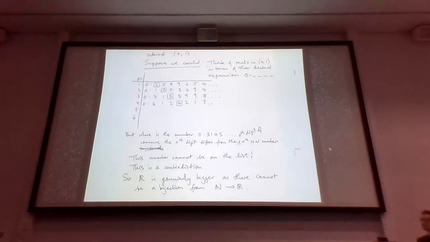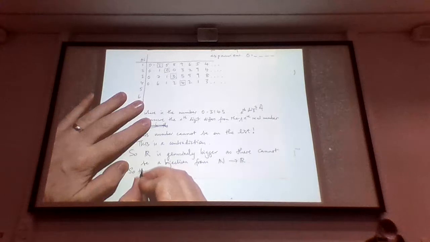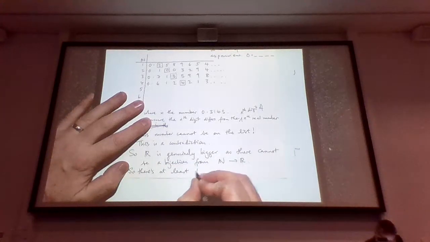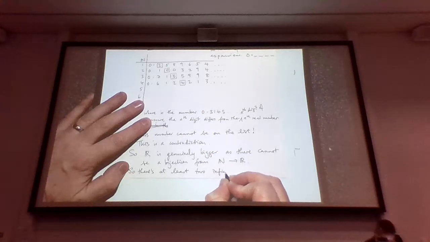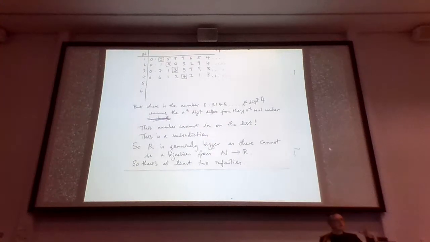And so there's a whole huge field of pure mathematics, which is set theory, which investigates and classifies and describes the whole hierarchy of infinite sets. Okay? So there's at least two infinities, countably infinite, and the infinity that is the measure of the real numbers, which is bigger.